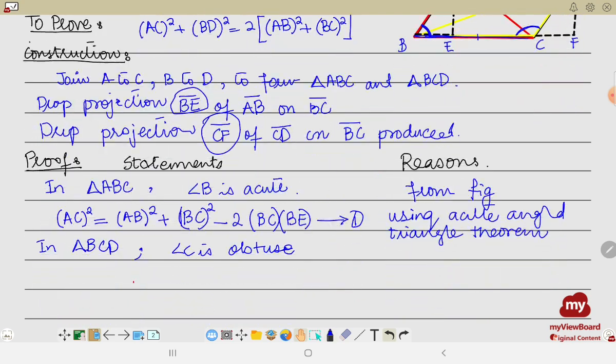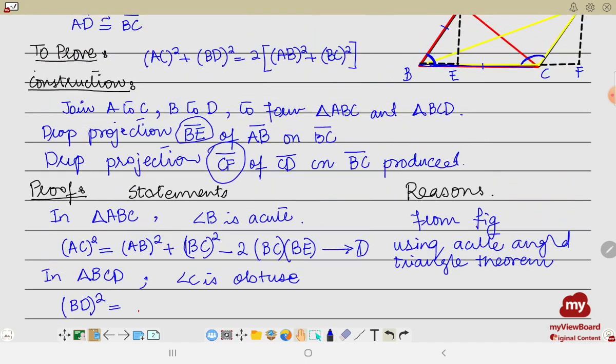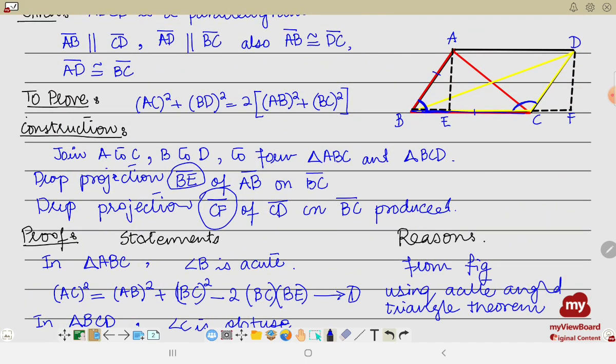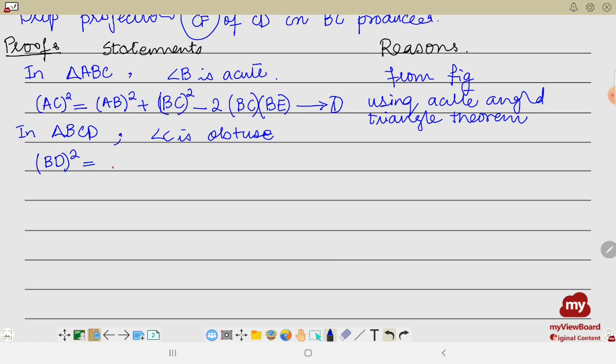So what we are going to write over here, the square of the side opposite to obtuse angle, it is BD. That is equal to the sum of the square of the sides containing that obtuse angle. So if you see, the obtuse angle is contained by this side and this side, BC and CD. So we are going to take the sum of the squares of these two sides, right? So we'll be writing down BC square plus CD square plus twice the rectangle contained by the side and its projection.